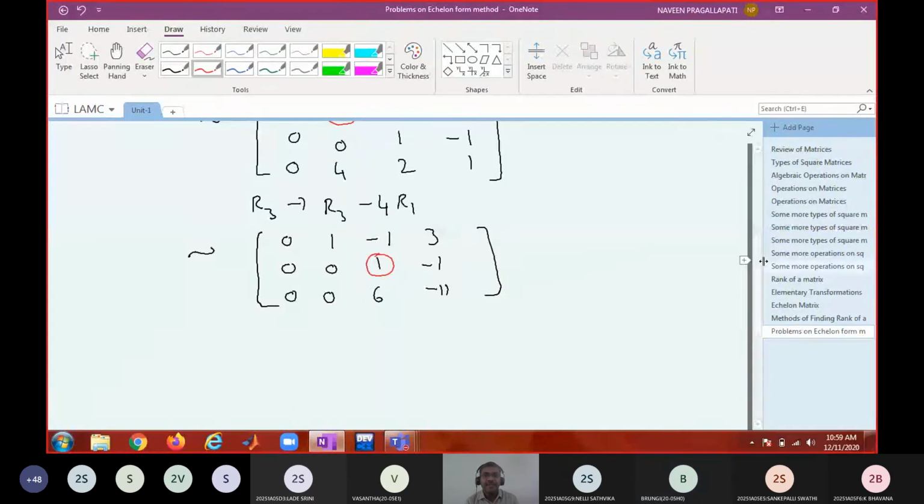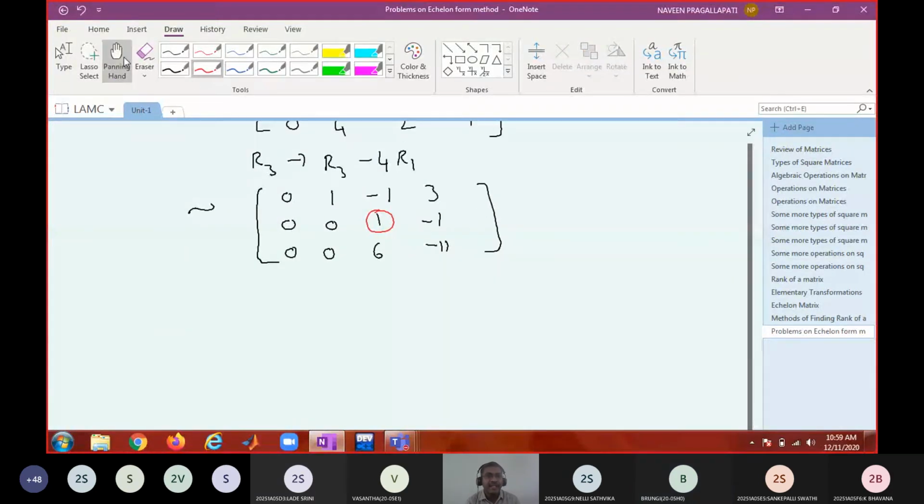Once you have the pivot, what is your next task? Make the entries under the pivot position 0. So we have to apply only one operation. What is that operation?